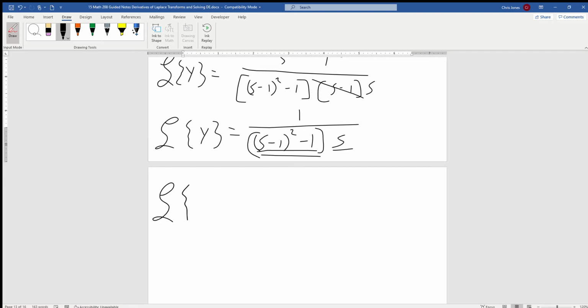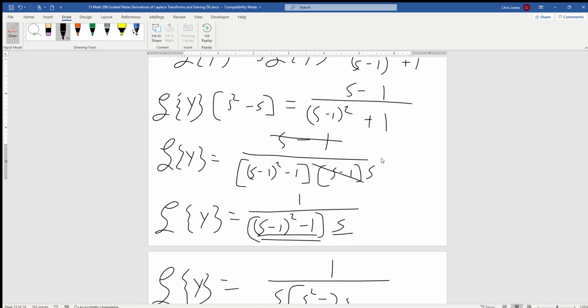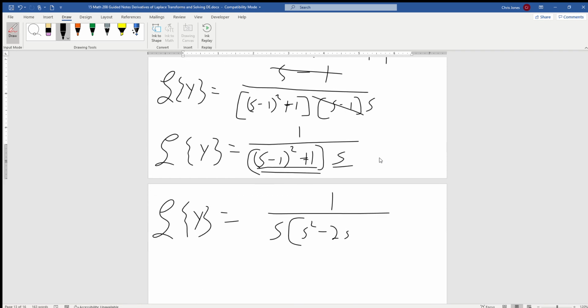After a little bit of algebra, we end up with 1 over, I'm going to move the s in front as a coefficient, s squared minus 2s, and then we have this minus 1. Oh, and by the way, this should be a plus 1. I think I made a copy error right here. So this should be a plus, this should be a plus. And so we get plus 1, so we're going to go plus 2.